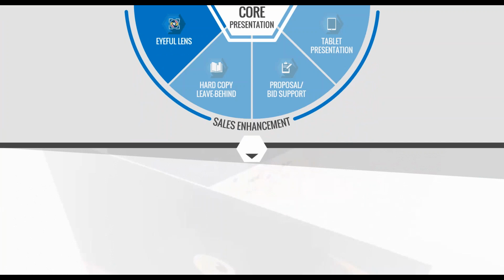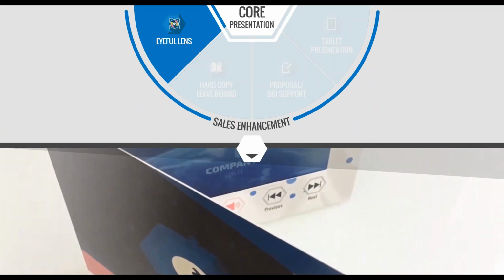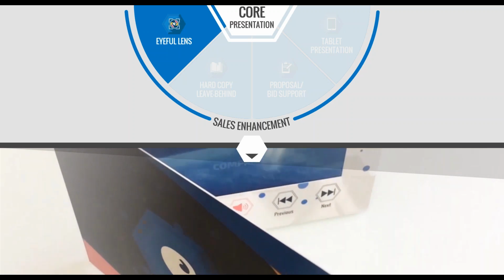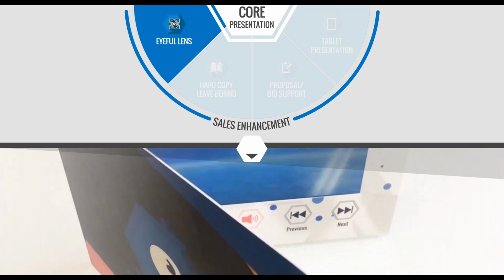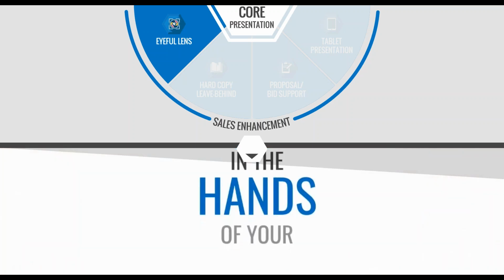And then finally, very quickly, we can take that idea, and if you have to develop content for any audiences, your sales audiences, or maybe it's part of a marketing team, the use of PowerPoint can be really effective. We launched something recently called Eyeful Lens.